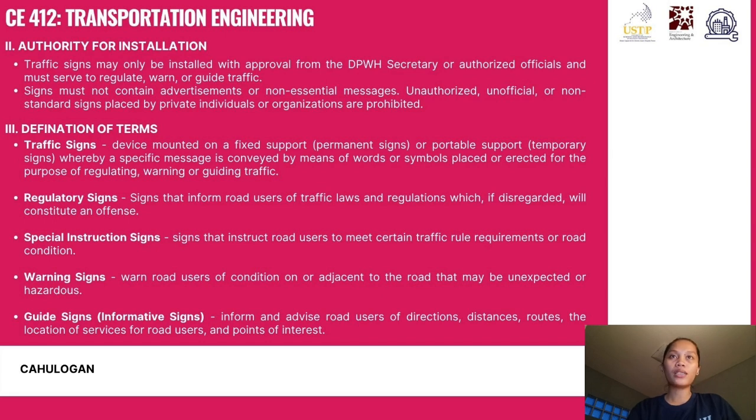Next will be warning signs. We are familiar with warning signs. They are designed to warn and alert people to potential hazards and dangerous conditions, which allows them to be cautious and take necessary precautions. Next will be guide signs. Guide signs provide information to help drivers navigate and find their way.